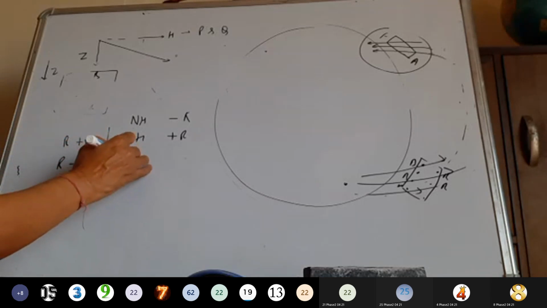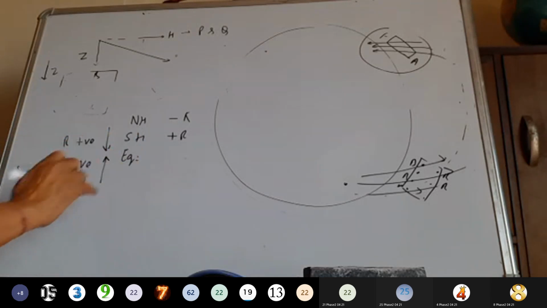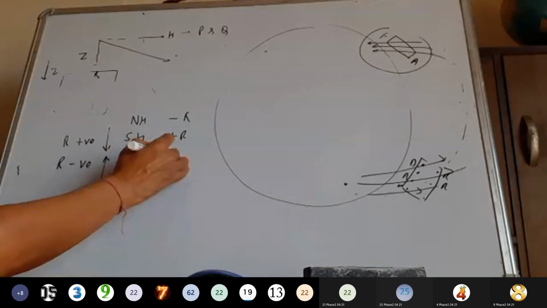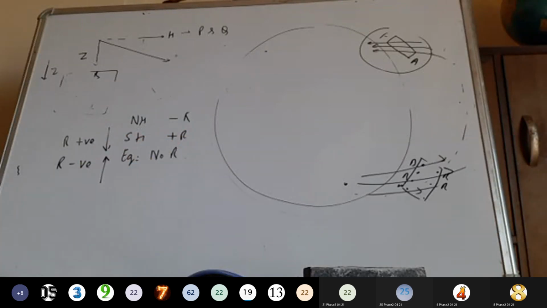A vessel which is built at the equator, okay, will that ship have R or will it not have R? A ship which was built exactly at the equator will have no R. Why? Because here the value of Z is 0. H is maximum at the equator and Z is 0.